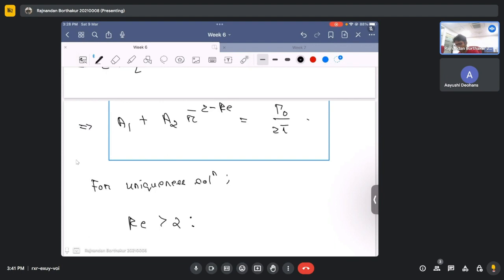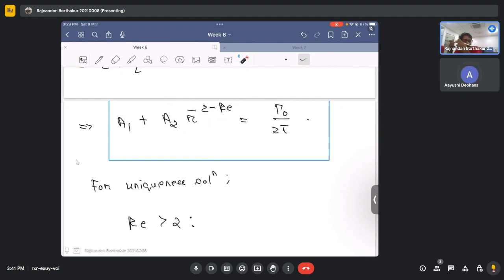Yes, actually, it's the other way around. So have a close look. Your thinking is correct, but there is this thing. What happens when Re is greater than 2? This means that this term will not blow up, it will never go to infinity, which means A1 and A2 are now both unknown, and we just have one condition, which is the surface velocity.